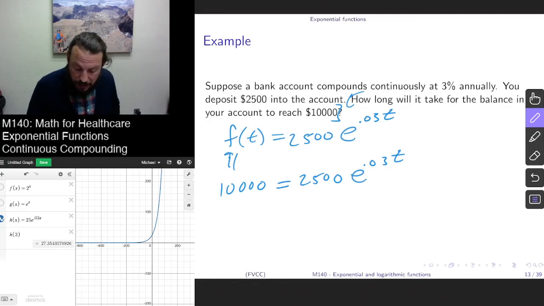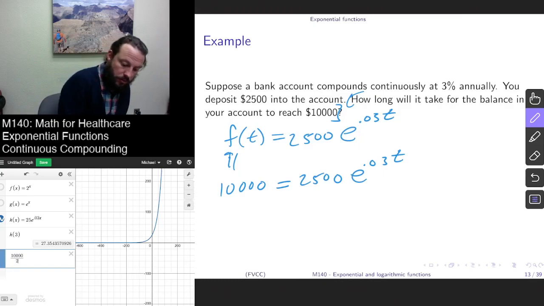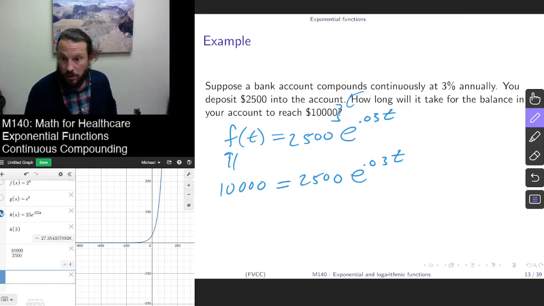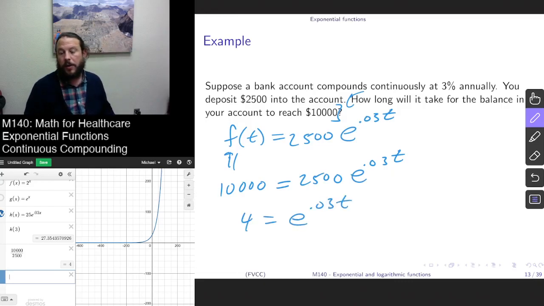The first thing we may want to do is divide both sides by 2,500, which gives 4 equals e to the 0.03 t.